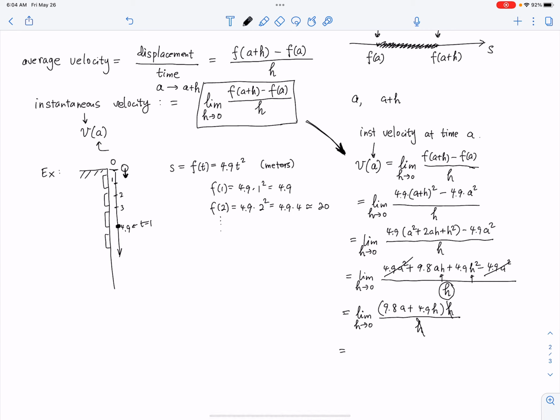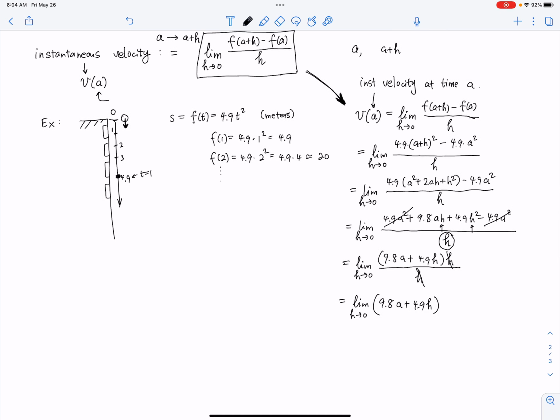So at the end of the day, you have the limit as h goes to 0 of 9.8a plus 4.9h. And remember, h goes to 0, right? Because we want to know the instantaneous velocity. So the time interval is very short. h goes to 0.